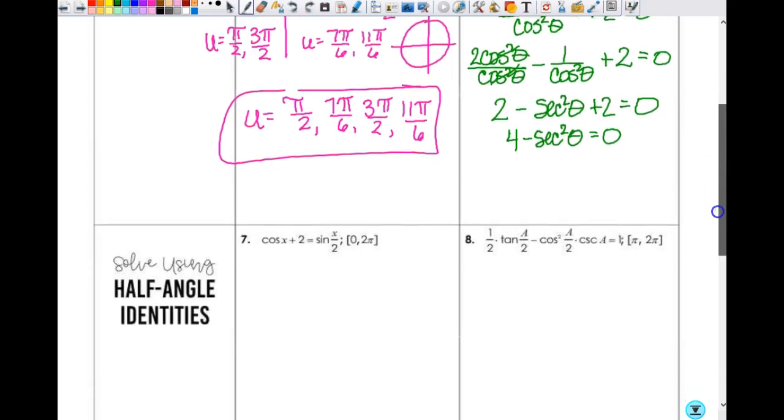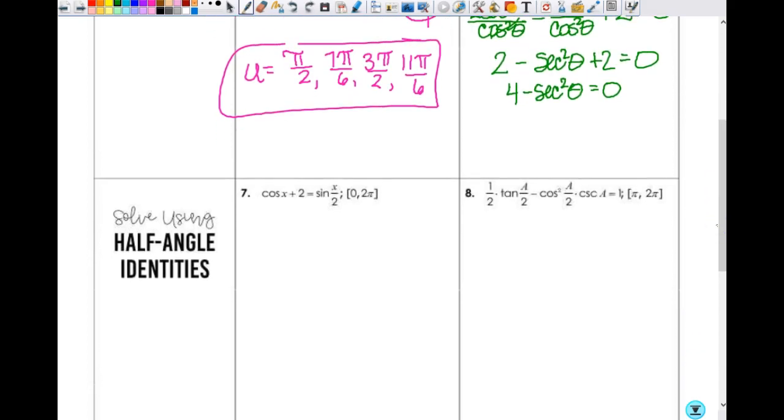So this is a difference of 2 squares, but I can also just solve it and get 4 equals secant squared theta, which means that secant theta equals what? Plus or minus 2, and you cannot forget the plus or minus, right?